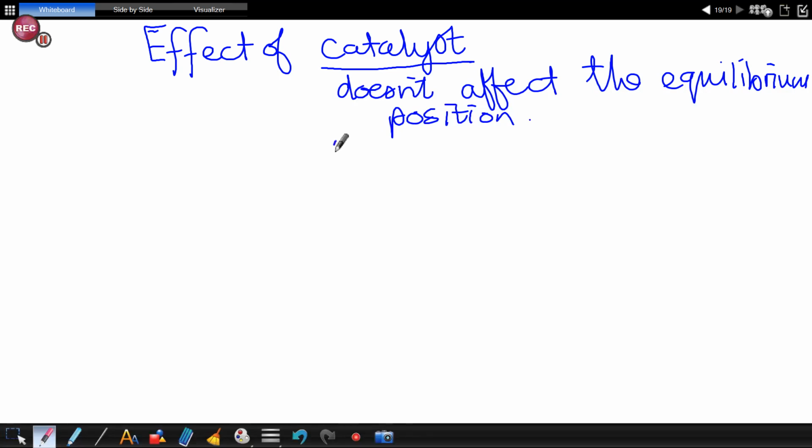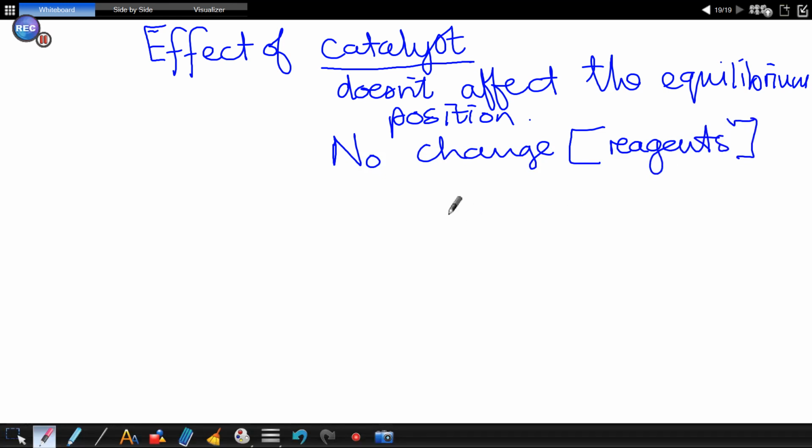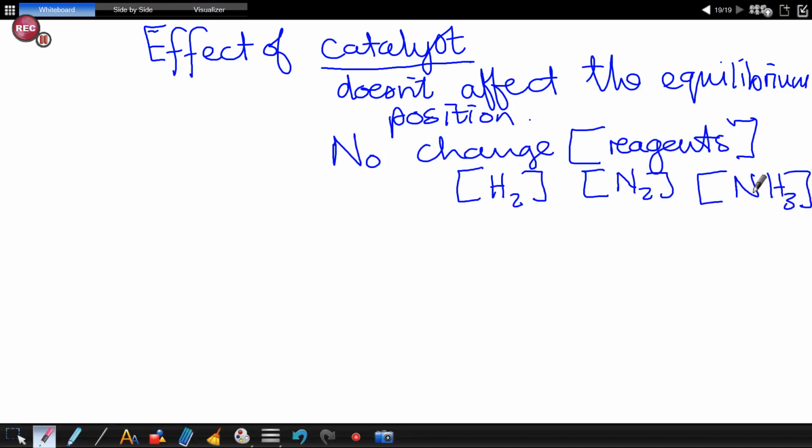It does not change any of the concentrations of the reagents. So in our situation, there's no change in the concentration of the hydrogen, no change in the concentration of the nitrogen, and no change in the concentration of the ammonia.